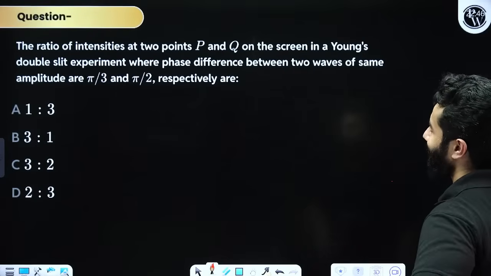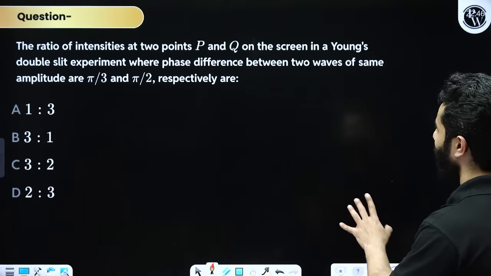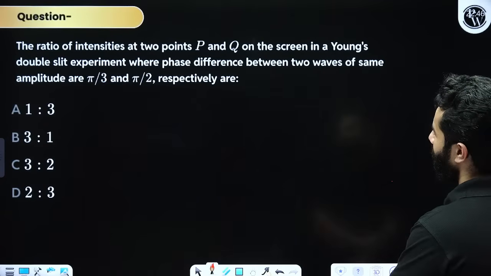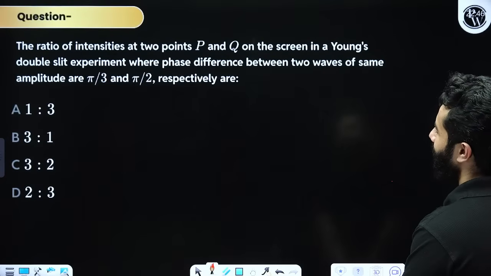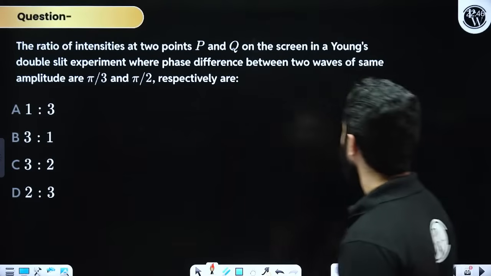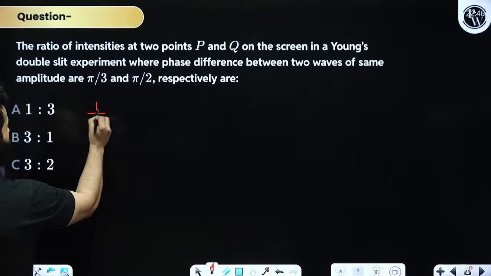The ratio of intensities at two points on the screen, same type of problem. The phase differences between the two waves are pi by 3 and pi by 2. So they are saying the ratio of intensities at points P and Q on the screen, where the phase differences are these. Again, simply use this formula.